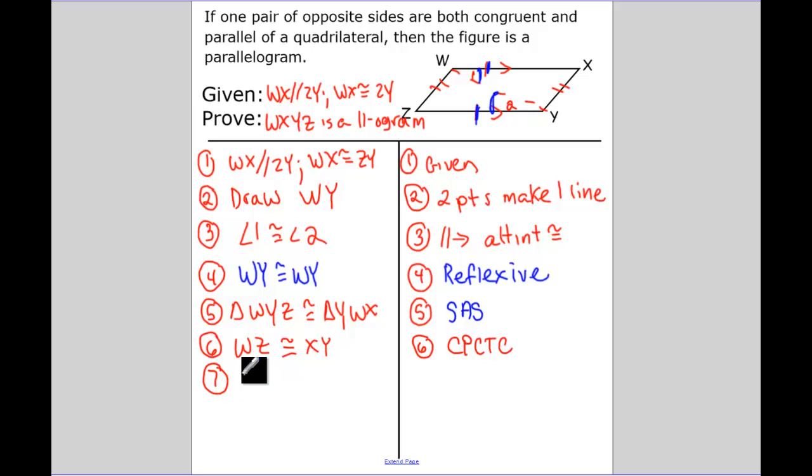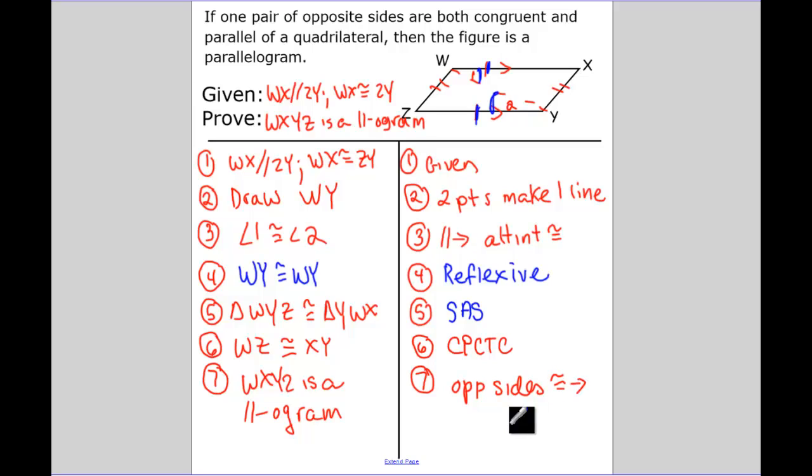So I now know that WXYZ is a parallelogram, and I know that because opposite sides congruent gives us a parallelogram.